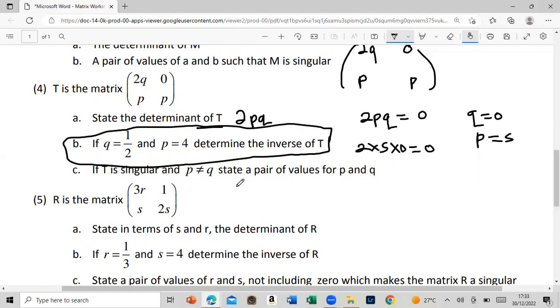We know the determinant is AD minus BC, so we label it A, B, C, D. That's 3R times 2S minus 1 times S. This will give us 6RS minus S. So that would be the determinant, 6RS minus S.